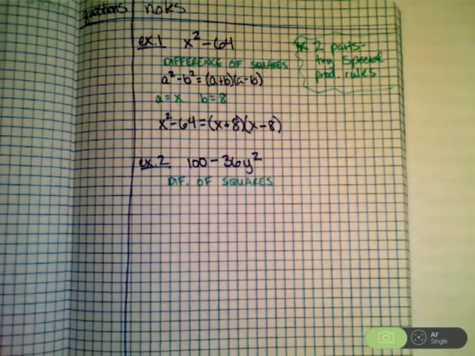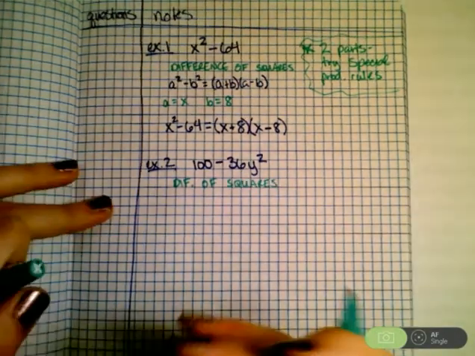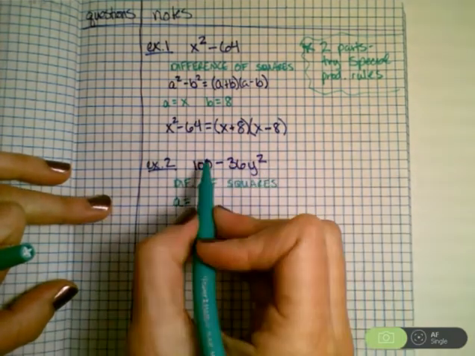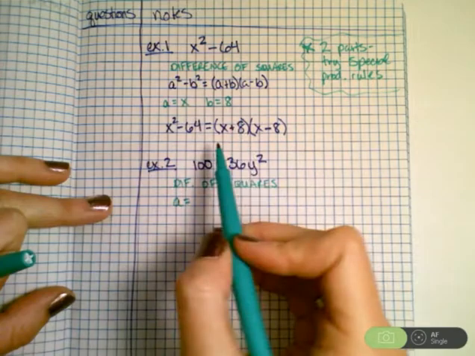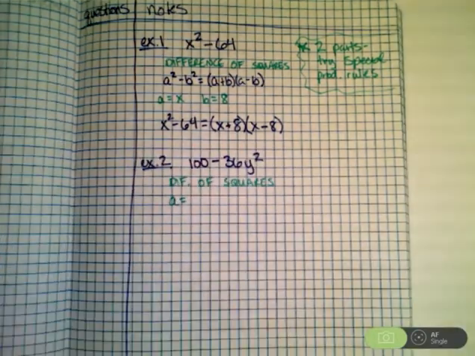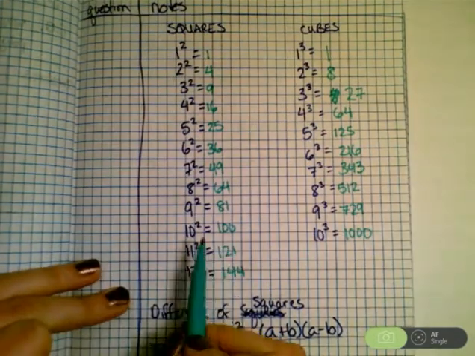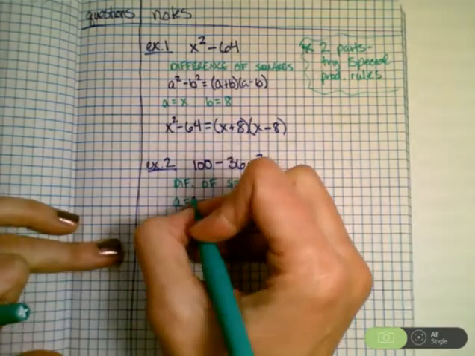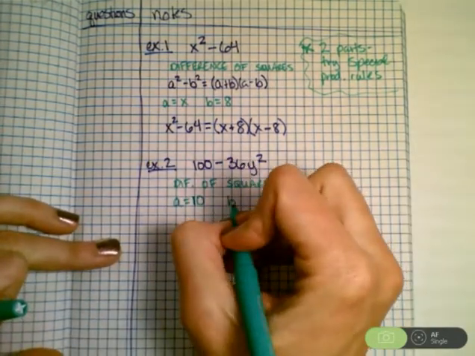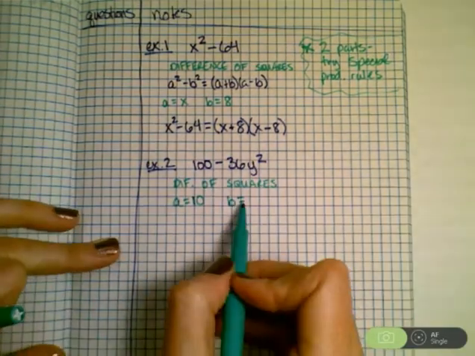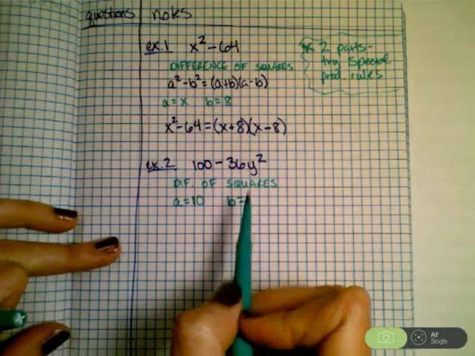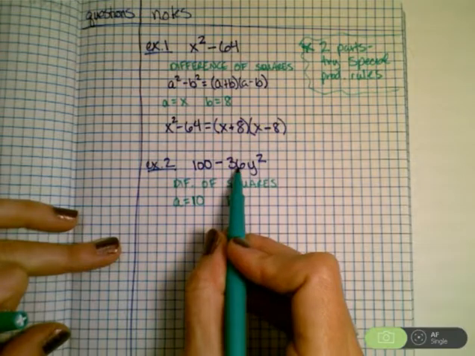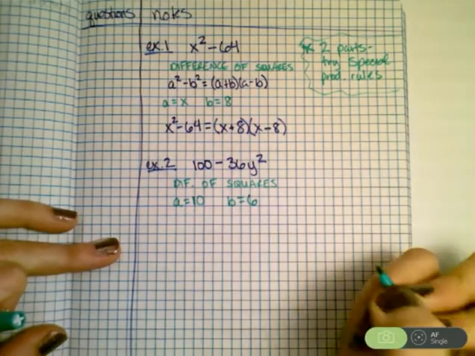So the a is the square root of the first thing. The square root of 100, if I need to look back here, is 10. So a is 10. And then the b is something I square to give me 36 and y squared. If I think about what I square to get 36, I need to square 6 to get 36.